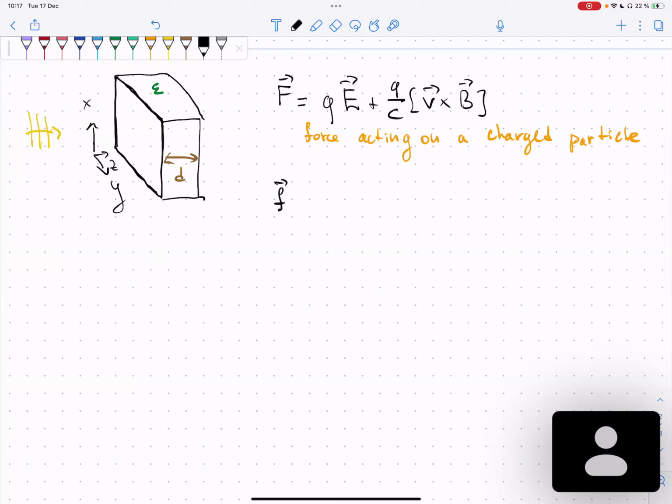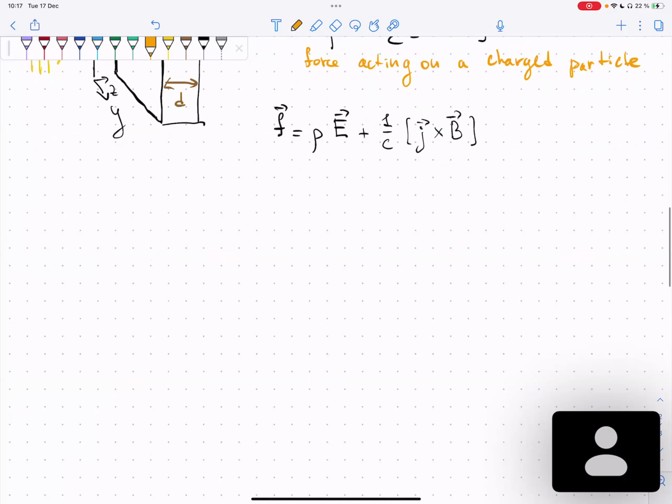It will be F small equal to charge density multiplied by the electric field plus 1 over c current density multiplied by the magnetic field. This is Lorentz force density.